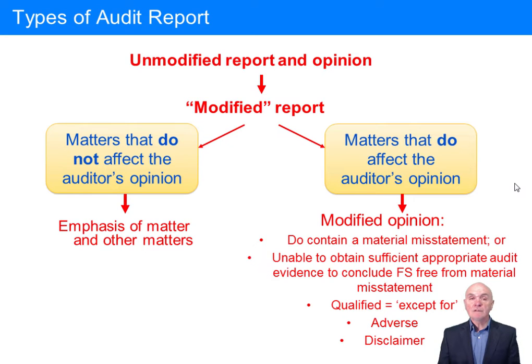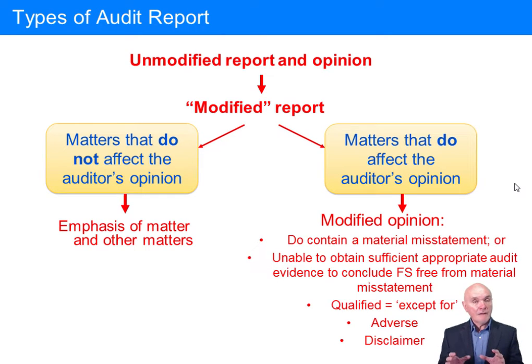In other words, the auditor is still going to say the financial statements show a true and fair view, but then after that you can put an emphasis of matter paragraph which says, by the way, go and look at note 42, because this is telling you something about maybe the factory which burnt down shortly after year end, or maybe the going concern issues about the company.